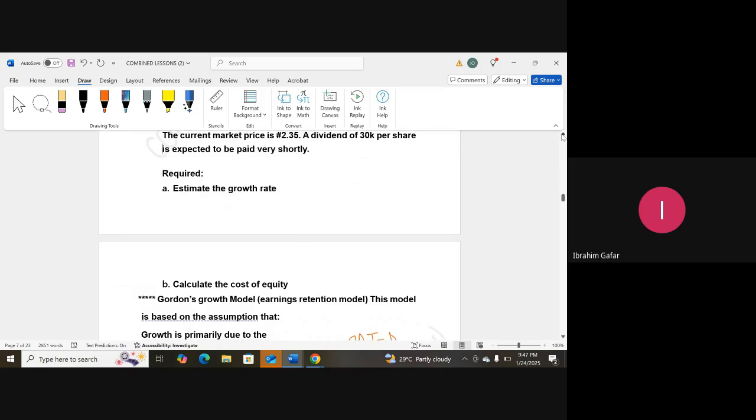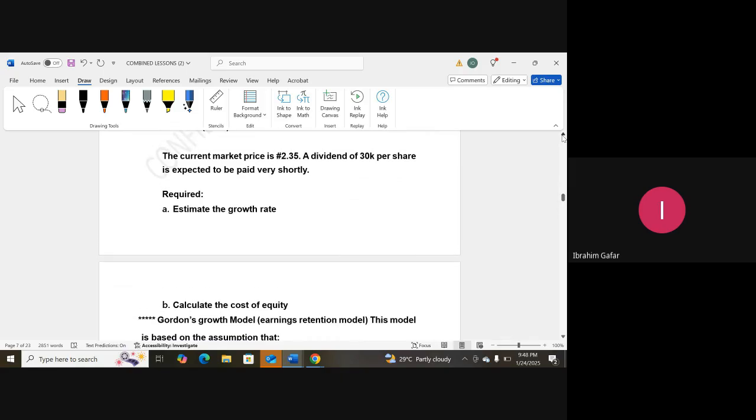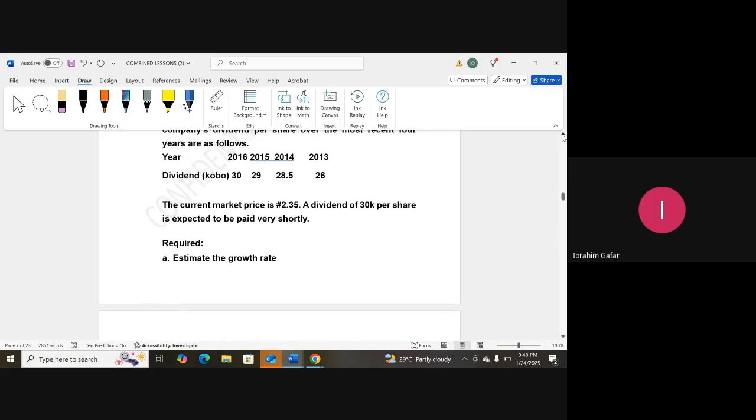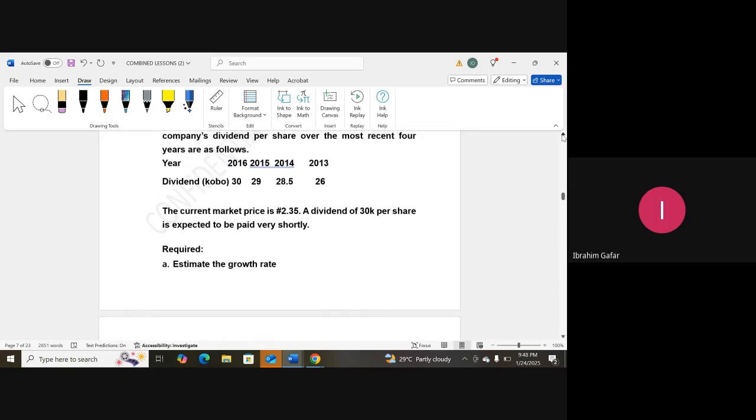So if we want to analyze this, the questions say we should calculate the growth rate and also calculate the cost of equity. Now, let's look at what we are going to do.